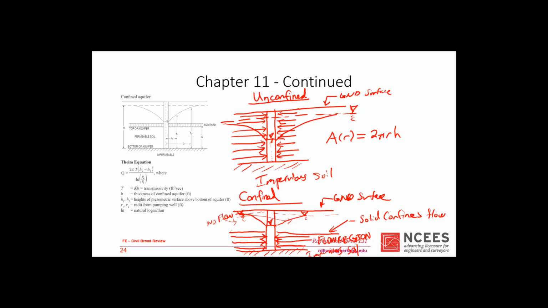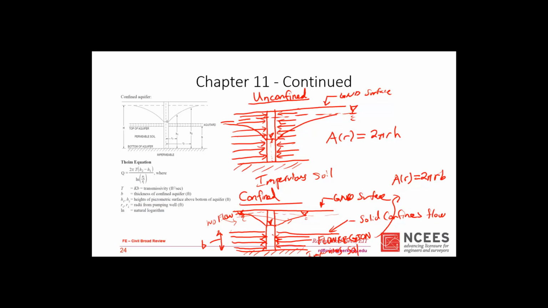As a result, what we get is that A of R is 2 pi, well, you still have R, but because it's only in this region, it's B. This is B. So 2 pi RB, right?